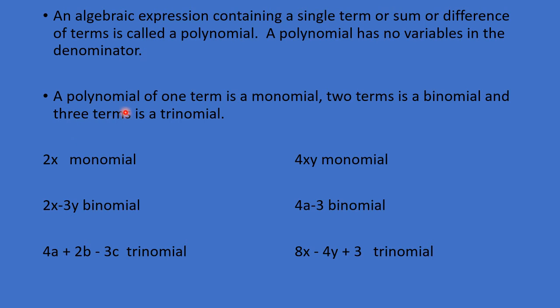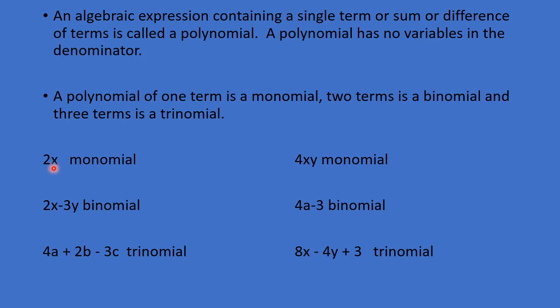Okay? A polynomial of one term is called a monomial, mono meaning one. Two terms is a binomial, bi means two, and three terms is a trinomial. Tri means three. So monomial, binomial, and trinomial. Kind of a tongue twister there.